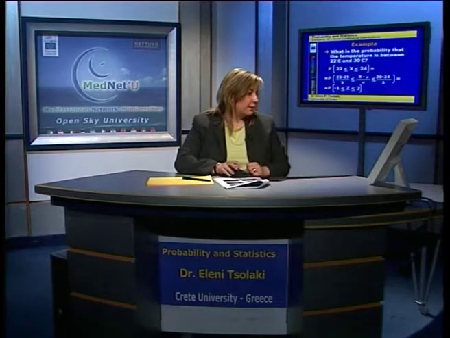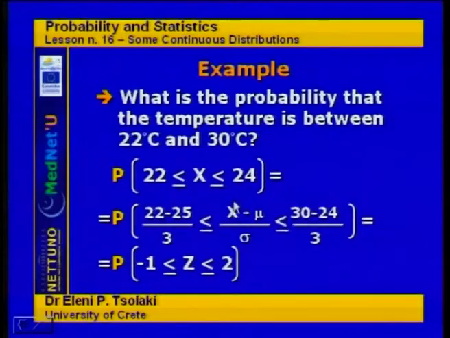We go back to our example. As we said before, our standard technique is that we need to transform our original random variable to a standard normal variable. So what we do is that we take out the mean and we divide by the standard deviation, as we said before. The same way, of course, here we take out the mean and divide by the standard deviation on this side.